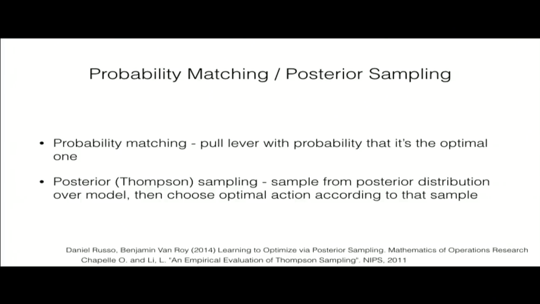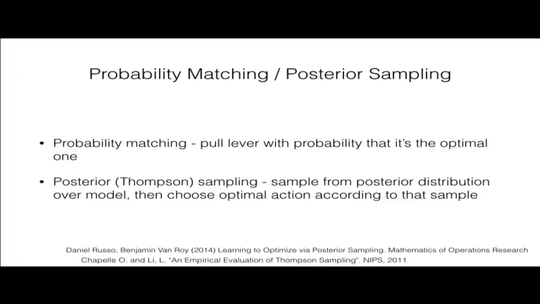Okay, so that's one pretty important class of algorithms. Another is called posterior sampling or probability matching. So the general principle here is you pull the lever with the probability that it's optimal.